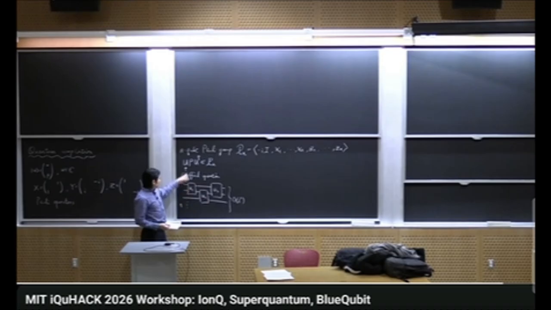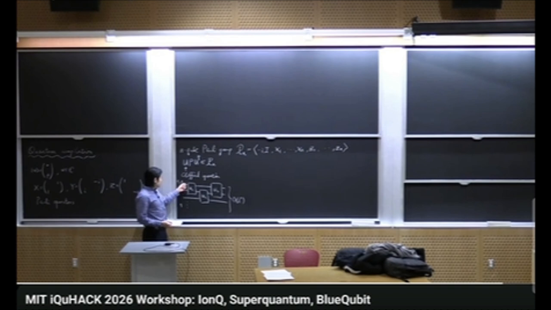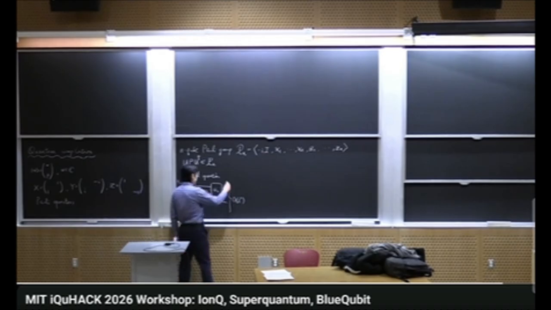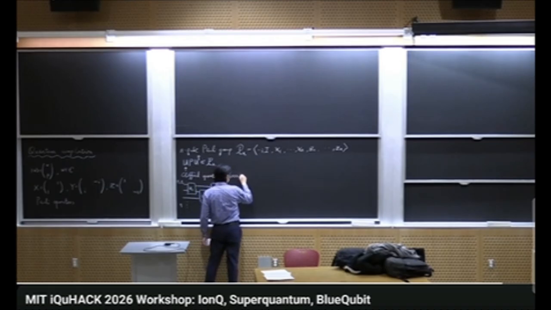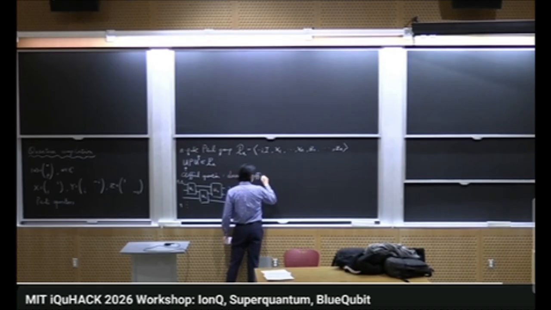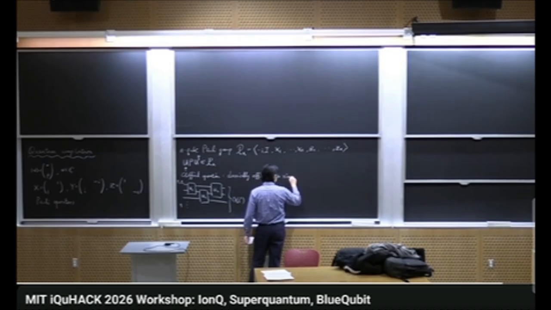So if a circuit is made up of these nice Clifford operations, you don't have to go through this 2 to the n trouble to simulate it. You just have to simulate it with a linear number of Pauli operators. This makes for a very nice property: the quantum circuit is classically efficient to simulate.